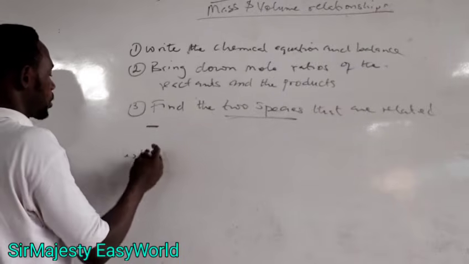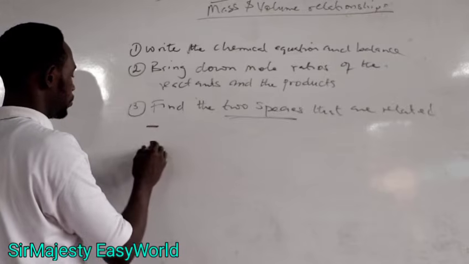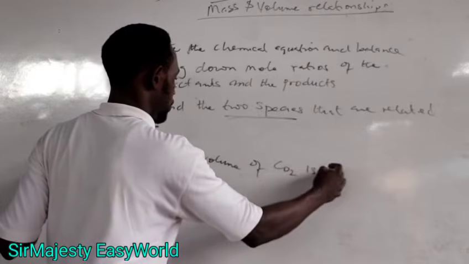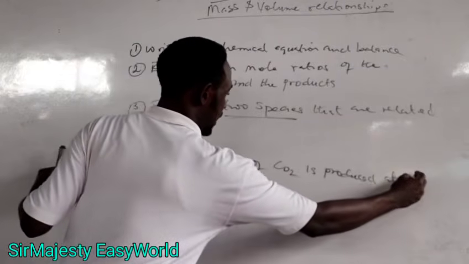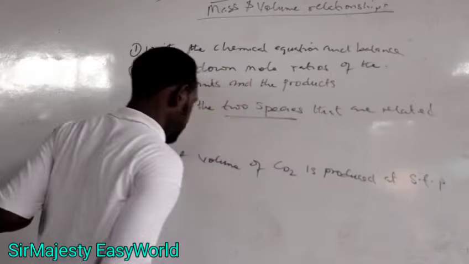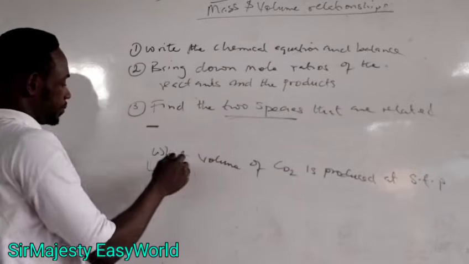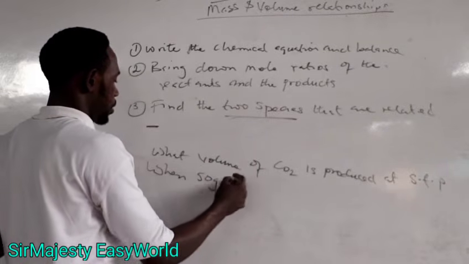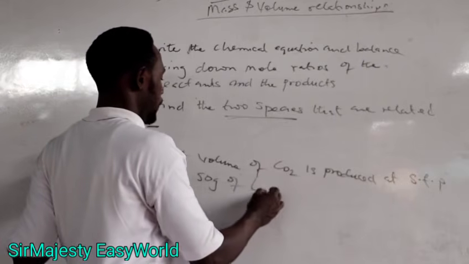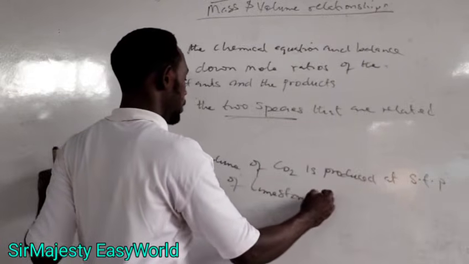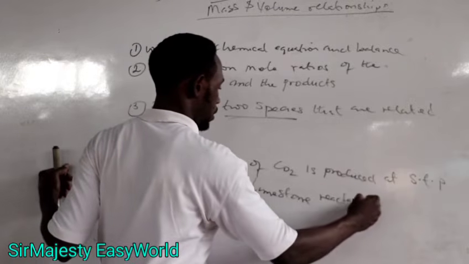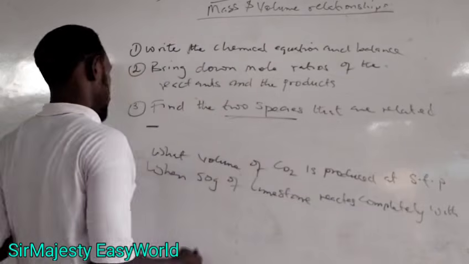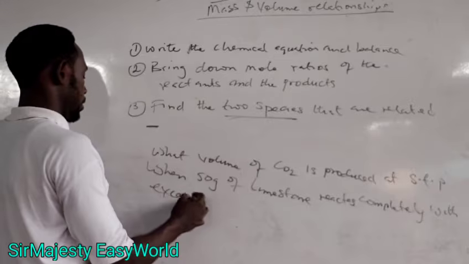Maybe the question is, what volume of CO2 is produced at STP when, let's make it simple, 50 grams of limestone reacts completely with excess dilute HCl.